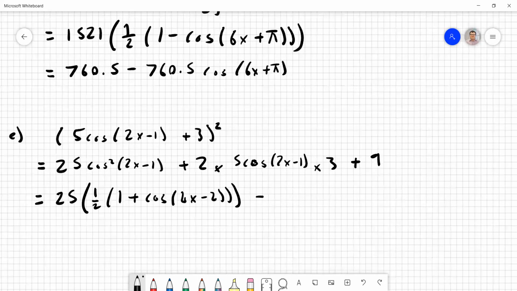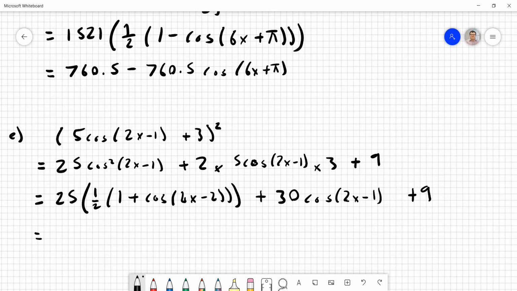And moving across, we had 2 times 5 cos 2x minus 1 times 3. So 2 times 3 times 5 is going to be 30. We have 30 cos 2x minus 1. And we've got a plus 9 as well. So we can now expand this last bracket here and tidy everything up.